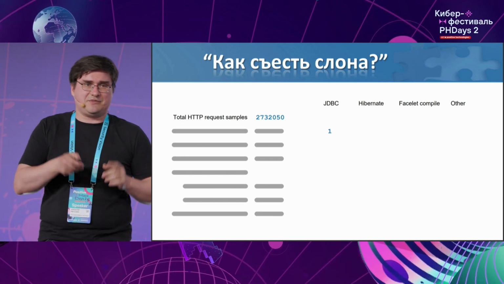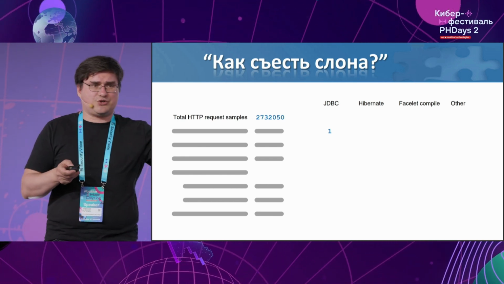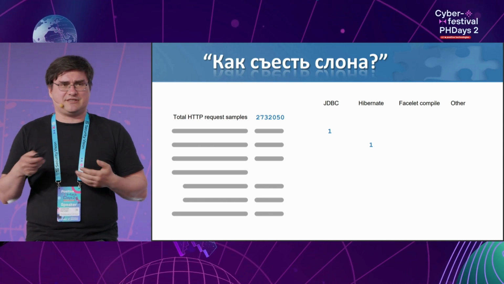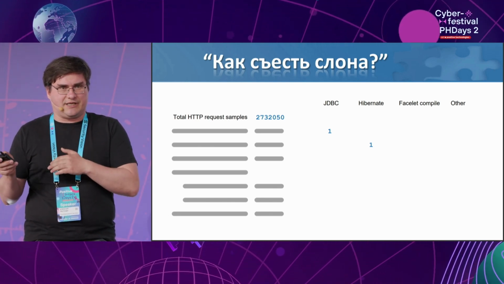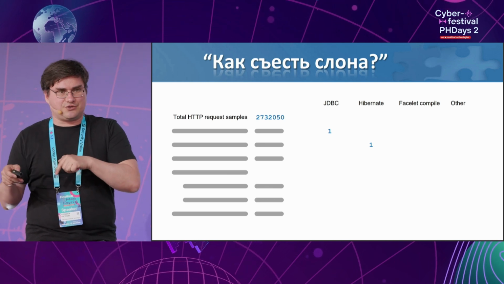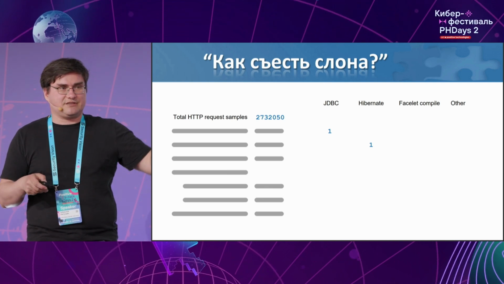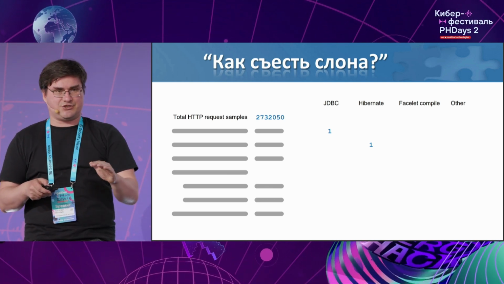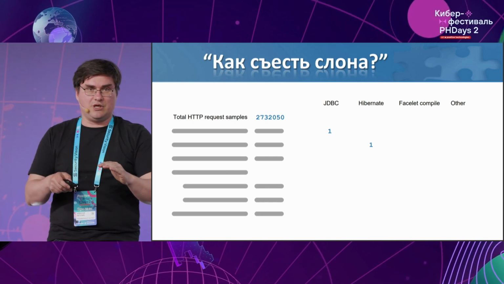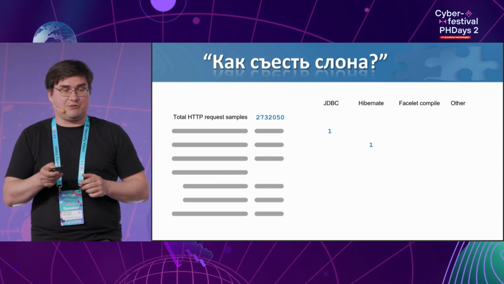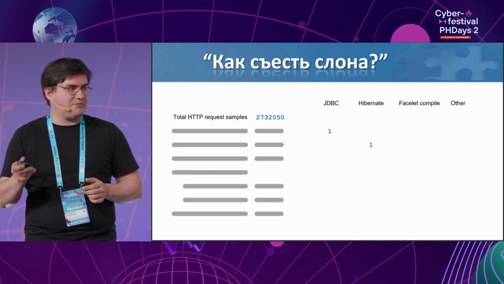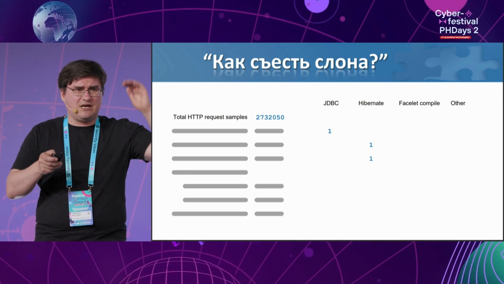Let's say it's JDBC, then we get a weight coefficient that would be 1, hibernate another link, another weight. In JDBC, that means that the stack reaches JDBC and stays there. If we see hibernate but don't see JDBC, then we put 1 against hibernate.